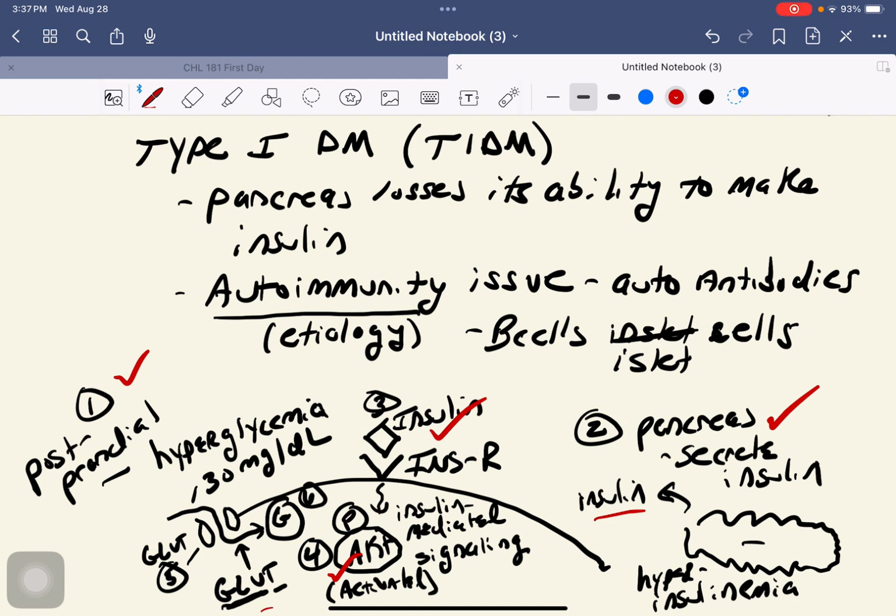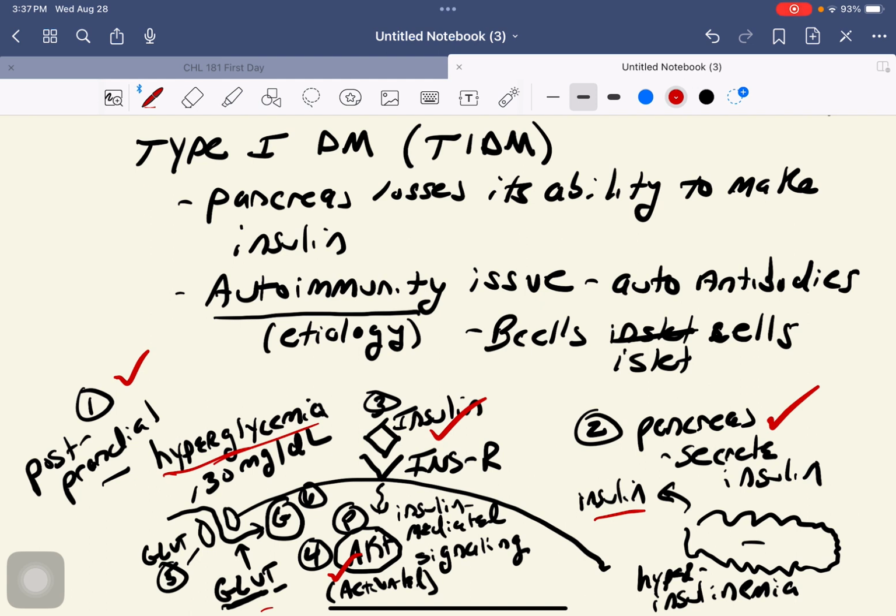Hence, we wind up with a problem of chronic hyperglycemia, where we can't move sugar out of the blood and into the tissue, right? And we wind up with complications associated with this chronic hyperglycemia, where blood sugars can go well north of 100, into the 200s, 300s, 400s, right?